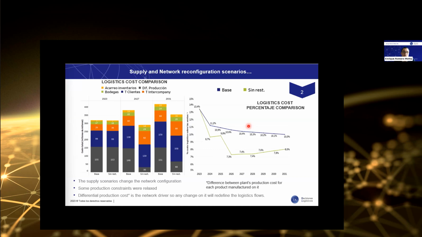And we already discovered some interesting insights using anyLogistix for that purpose. Because, at the end, when you run a network optimization experiment in anyLogistix, you're going to get not only the product flows, but also the production flows as well.